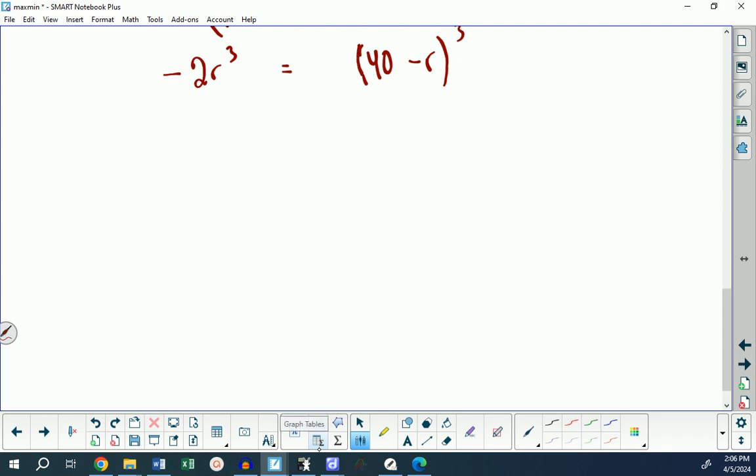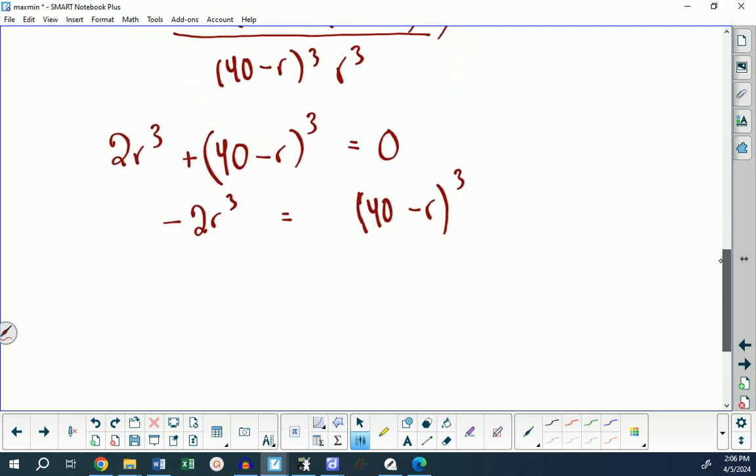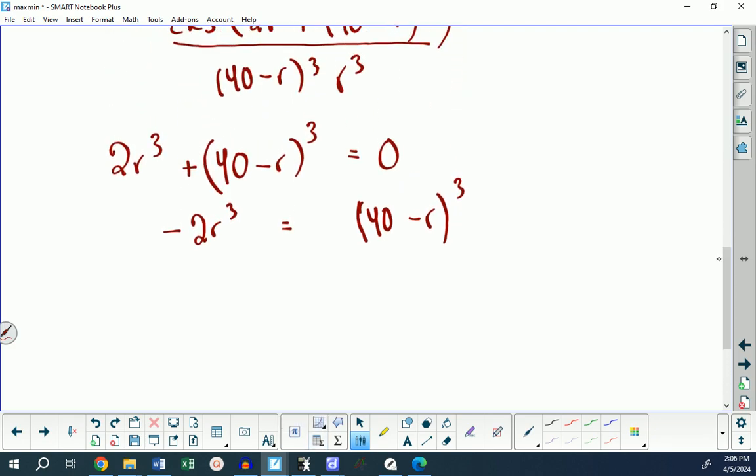It doesn't matter. There's a number of ways to accomplish that. One is you could move this term over and then divide by -1 or whatever, but you get the same thing. So I took the cube root, and I ended up with the cube root of -2 multiplied by r equals 40 minus r.